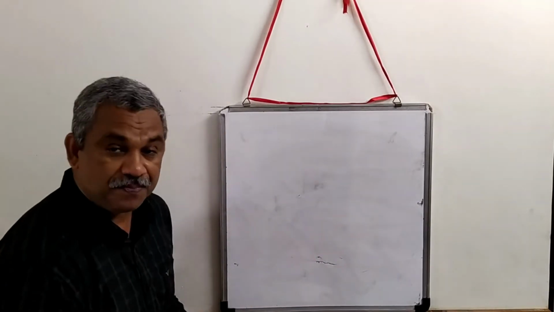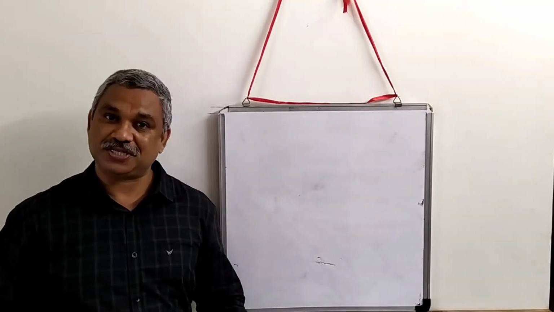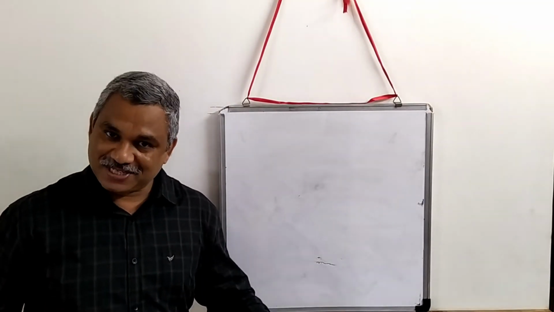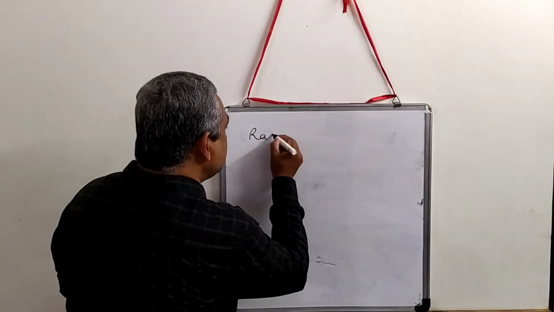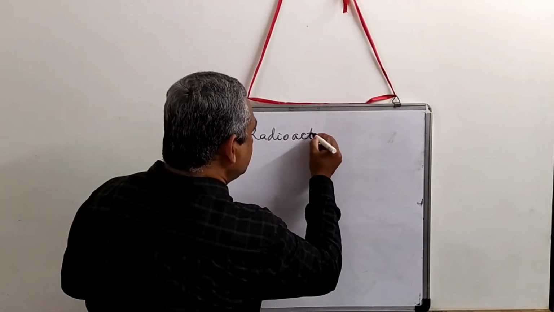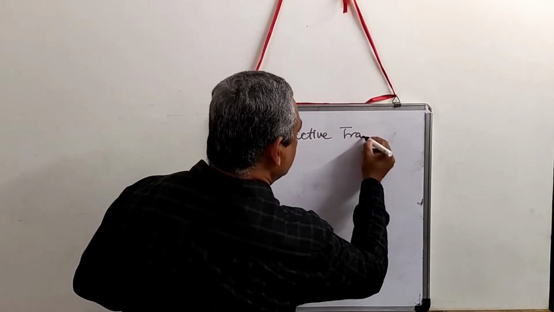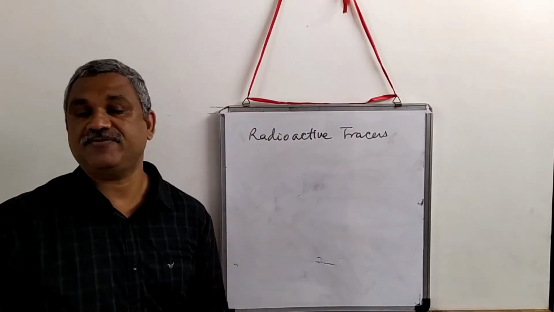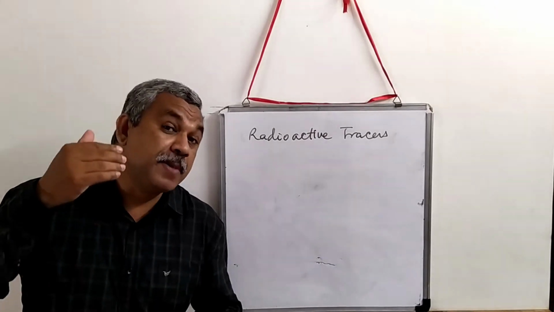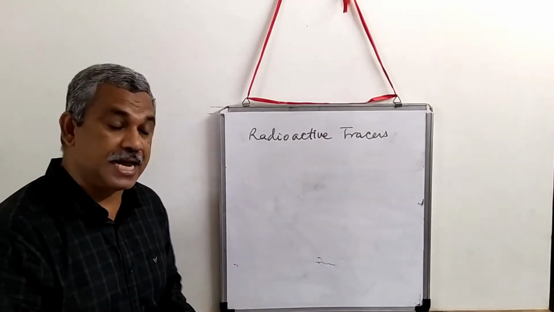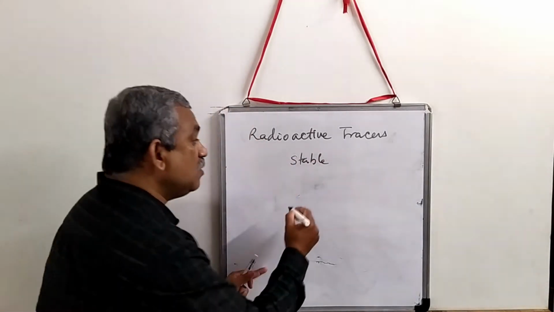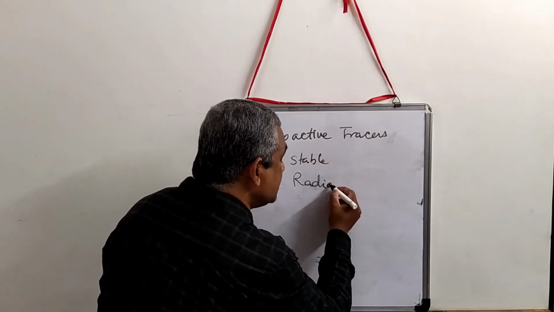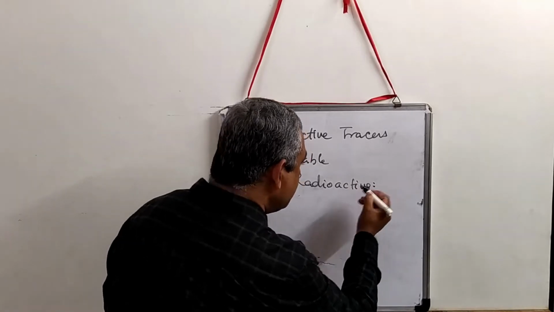Later on, different tracers were used, for example radioactive tracers. Among these there are two kinds: stable isotopes and radioactive ones.